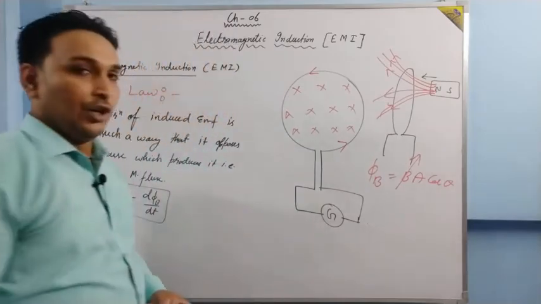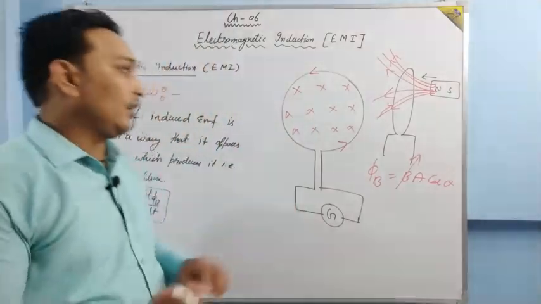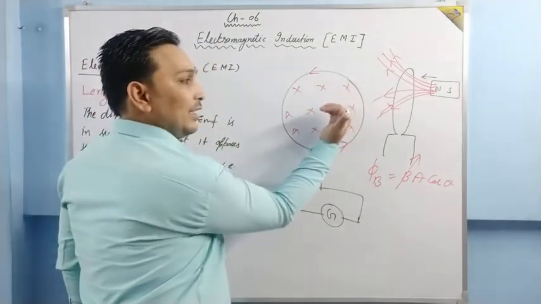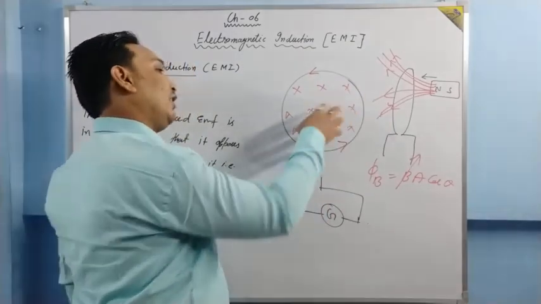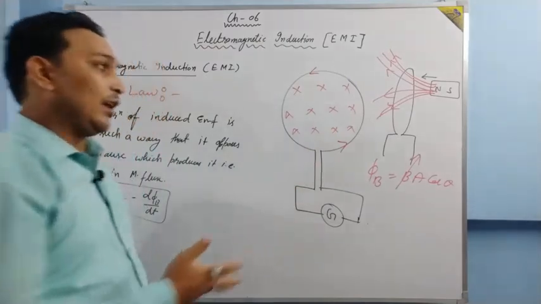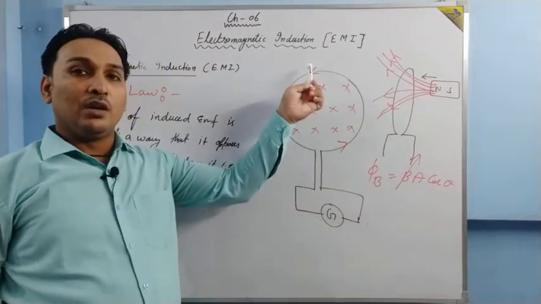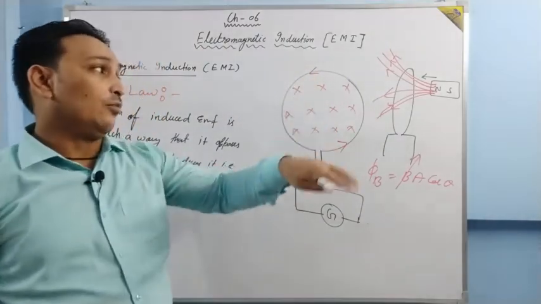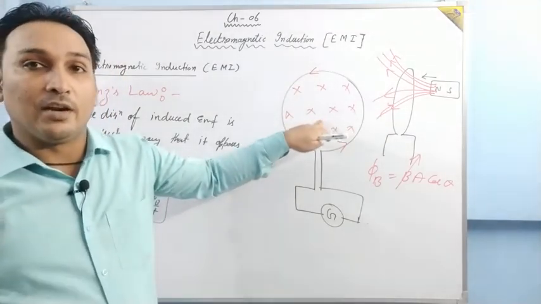The current which is induced should be this way, so that the magnetic field of the current is outside, opposing the magnetic field which is already present inside because of this magnet. Now what will happen? When this current is induced, its magnetic field opposes the increase in magnetic field.